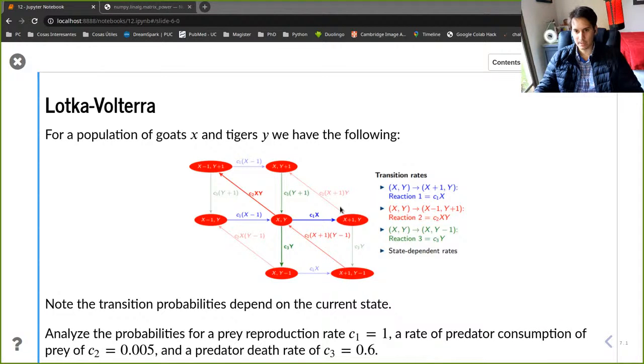Well, and that's basically the Lotka-Volterra equations as a Markov chain. I'm not sure if you understood the model. In the next homework, basically the problem will be this one, the Lotka-Volterra equations with these different states.